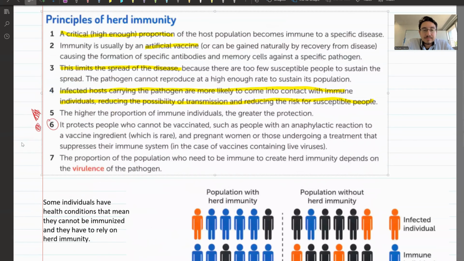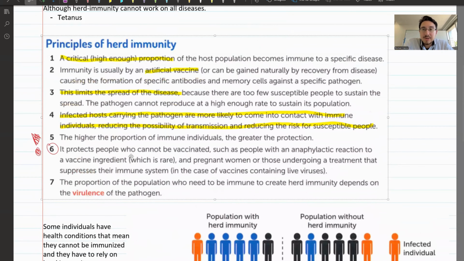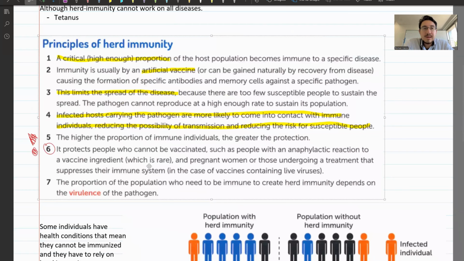All right. So you do need to know the principles of herd immunity. It's pretty much what is here. So make sure you understand it, you read it, right? You know the critical parts, right? What essentially happens is that when there's a high level of individuals in a population that become immune, right? You could get it naturally, right? But artificial vaccine, so vaccination, right?